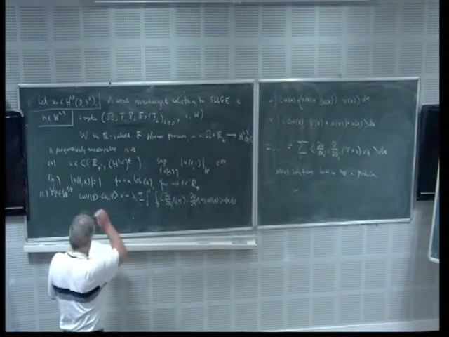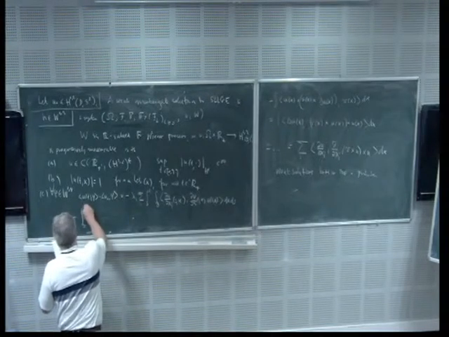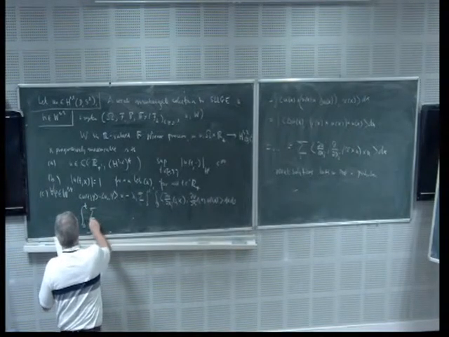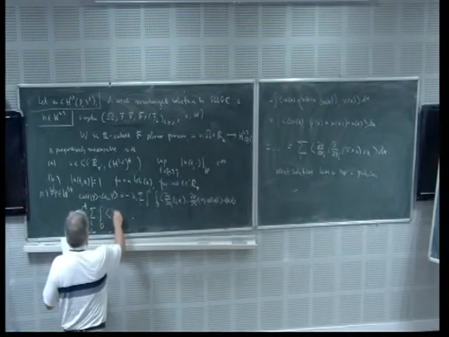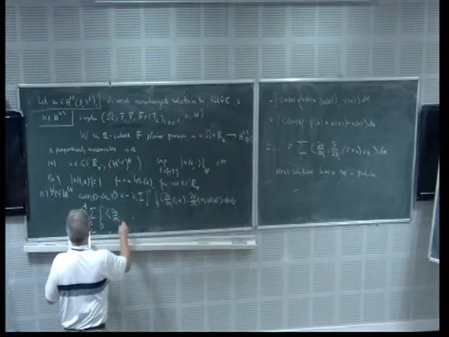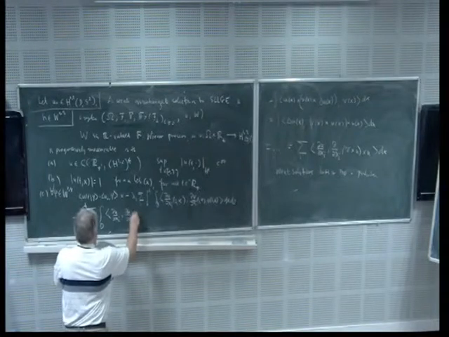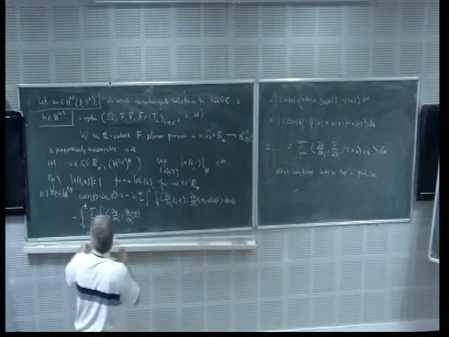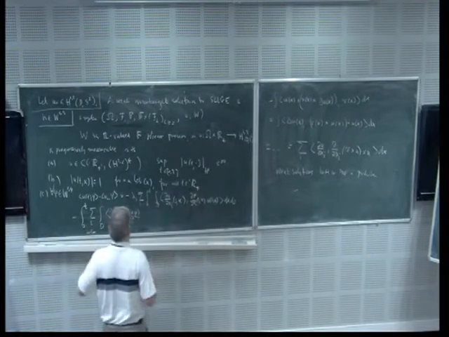So, modulo, we have minus integral from 0 to t, sum over i, integral over D, du over dx_i, but not u, but u cross test function phi. Phi is a test function.